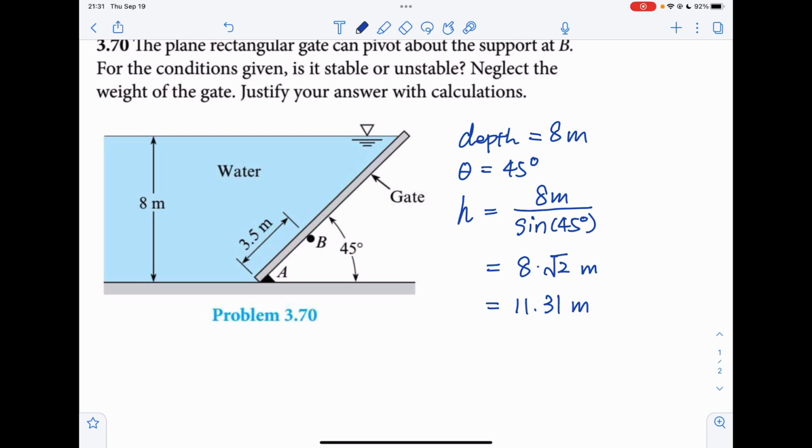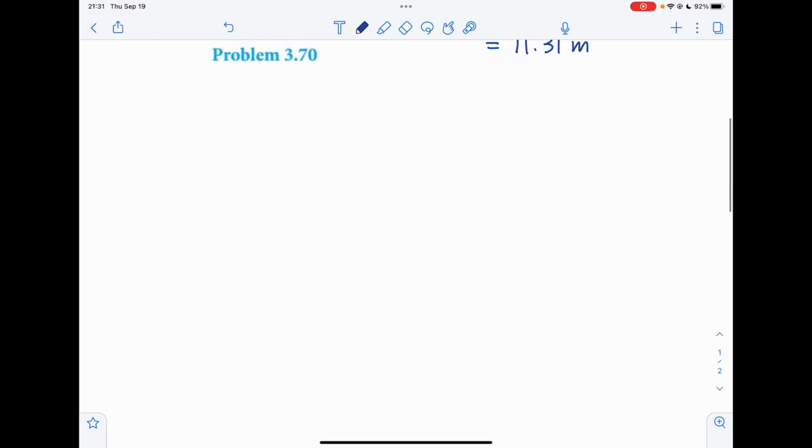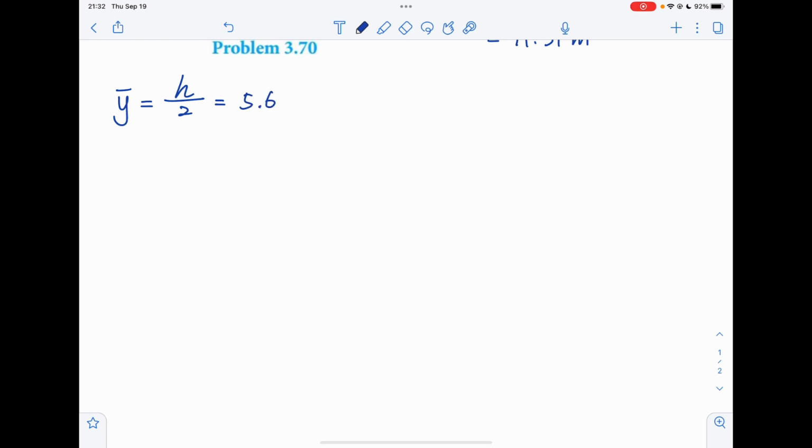The next step is to find the centroid, which is y bar, gonna be h divided by 2. This will give us 5.65 meters. Okay.